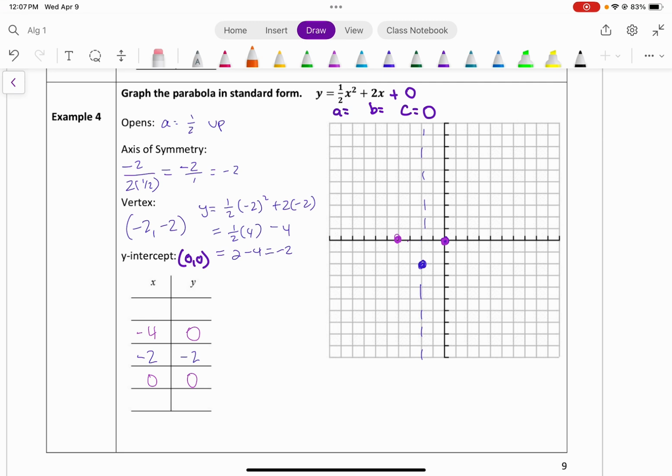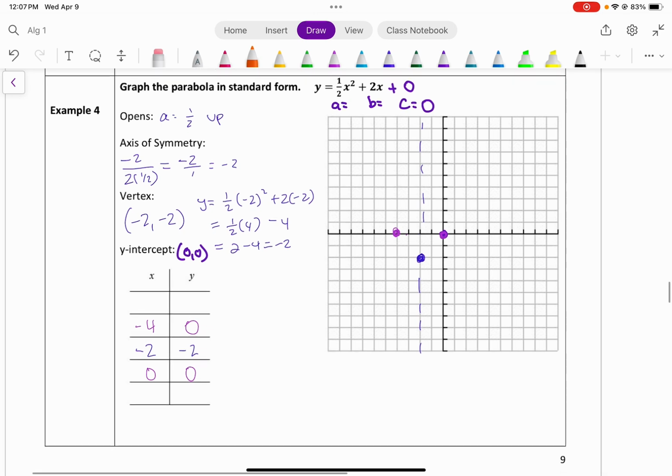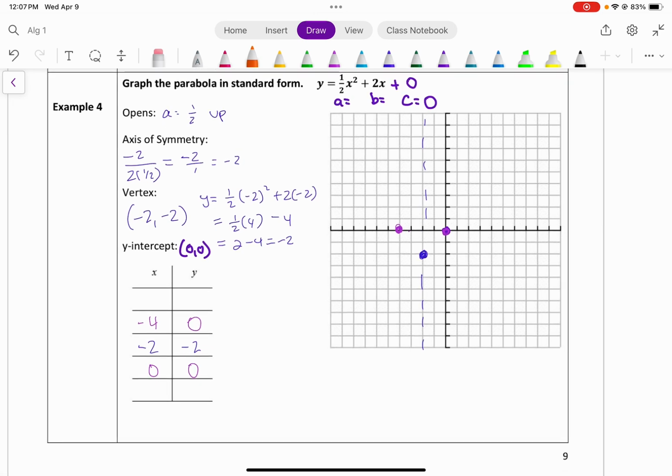I need 2 more. Again, I could pick any x value I wanted. Negative 3, negative 1. I'm going to go with positive 1, right? Because that looks like it'll still fit on my graph, because this is growing at a rate of a half, and so that's pretty gradual. It's going to be a wider parabola. When I substitute 1 in, I'll get half of 1 squared plus 2 times 1, which equals a half times 1 plus 2, which is 2.5.